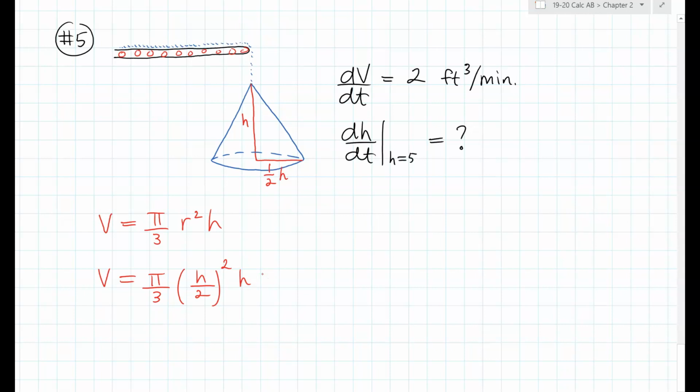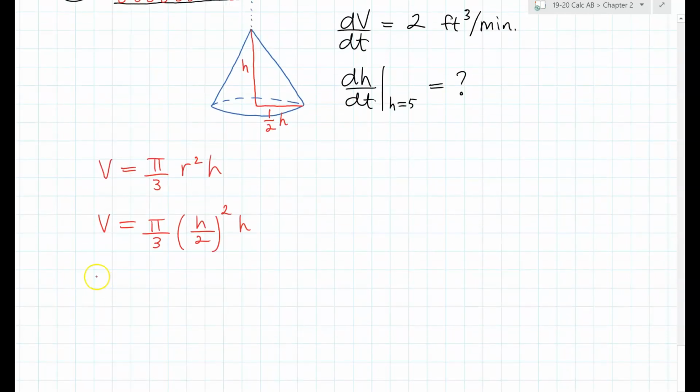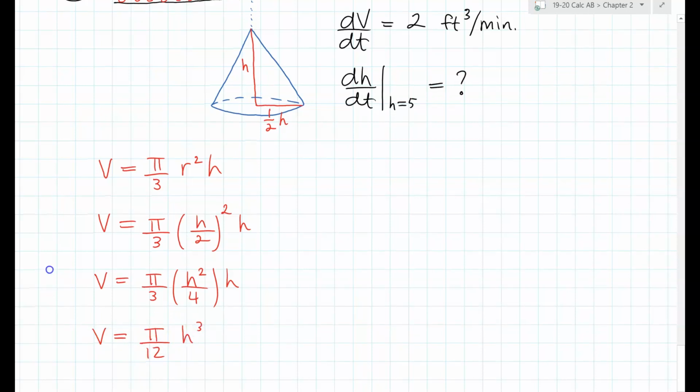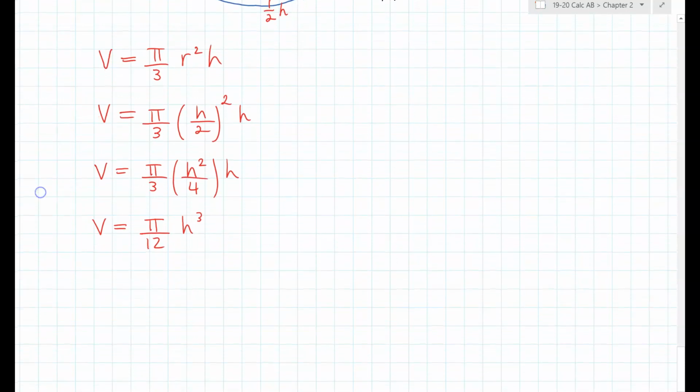Right? Half the height. So the volume is pi over 3 times h squared over 4 times h. So volume is equal to pi over 12 h cubed. So there's my volume.